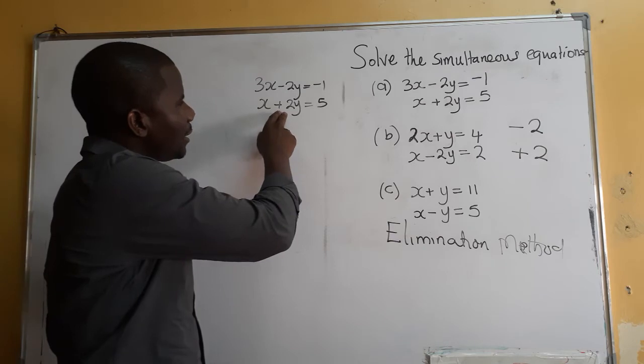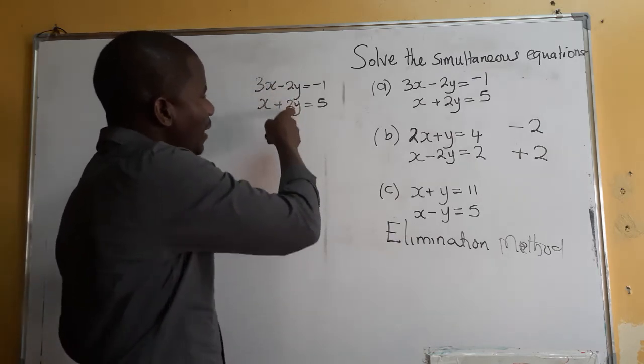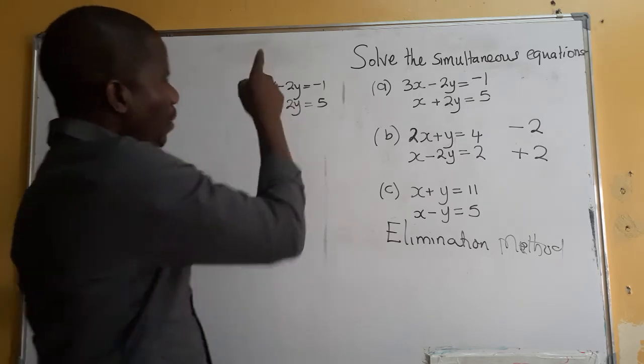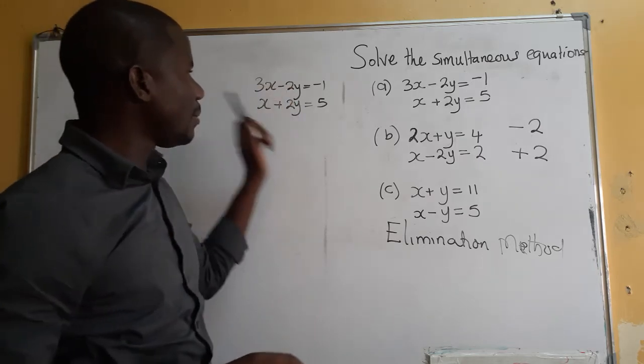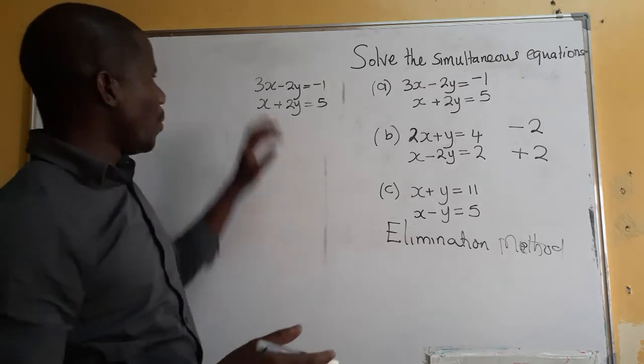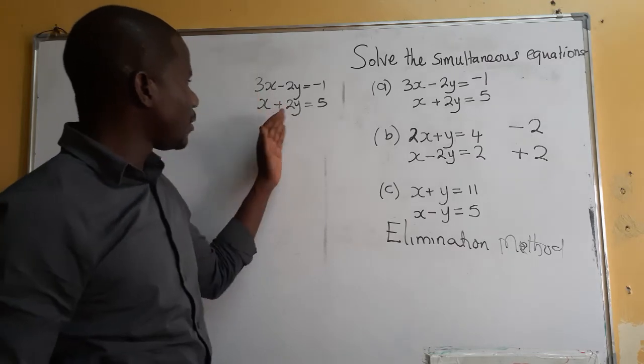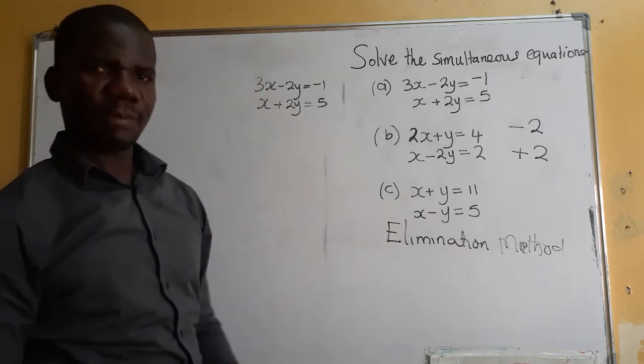At this point, y has the same coefficient, so we can eliminate y. And I said, when the signs are different, to eliminate y, in this case, we are going to add.